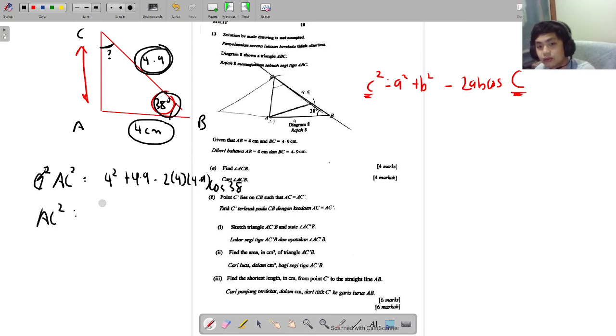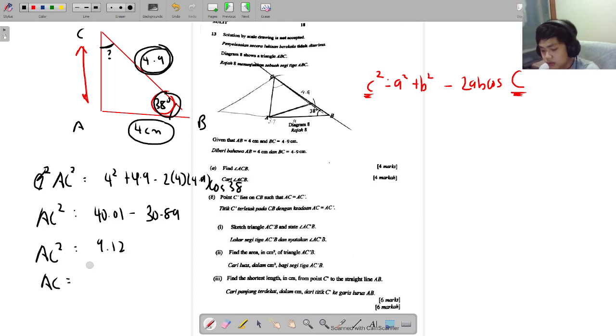So AC squared equals 16 plus 4.9 squared, which is 40.01, minus the product, 30.89. So AC squared equals 9.12, and AC will be the square root, which is 3.02 cm. So this is AC.